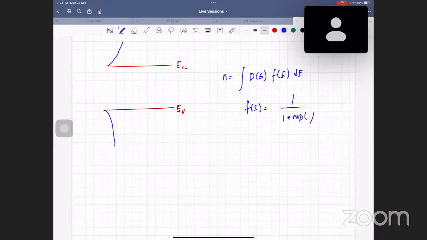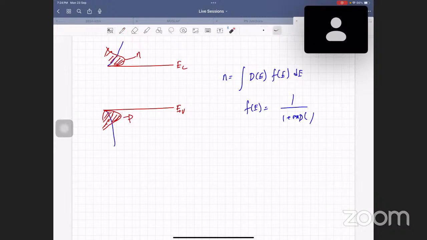At an intrinsic semiconductor you have an equal number of electrons and holes. If you compute this, this is the electron density that exists in an intrinsic semiconductor, with an equal number of N and P.